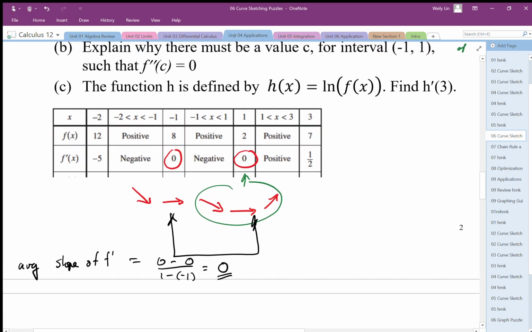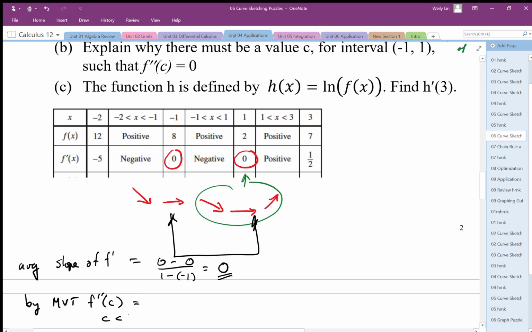Well, if it is smooth and continuous, then by the mean value theorem, we know that the slope of the second derivative at some point c, where c is between -1 and 1, must be equal to the average slope, which is equal to 0.